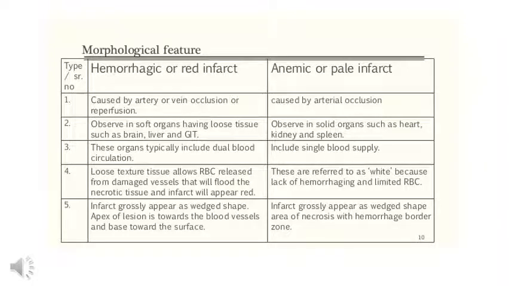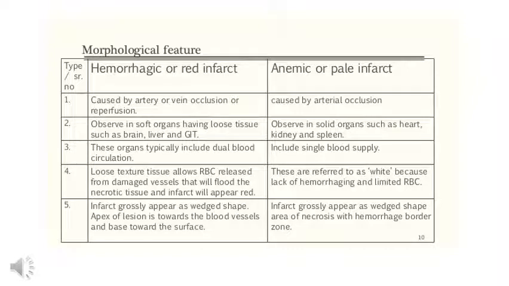Most hemorrhagic or red infarctions occur in loose tissue, because in these tissues the chances of RBCs coming out from the blood vessels are high. After obstruction or occlusion in a vein, RBCs from the blood vessels are released into the tissue. So these soft tissues become rich with RBCs.